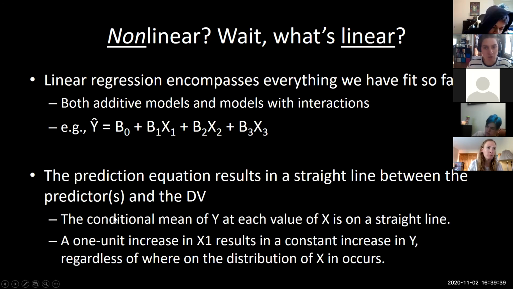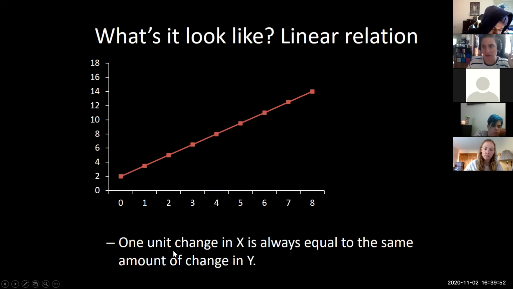So it's the conditional or expected y at each value of x, and those are always on a straight line. And a 1 unit increase in x1 results in a constant increase in y regardless of where you are on that distribution, like this.